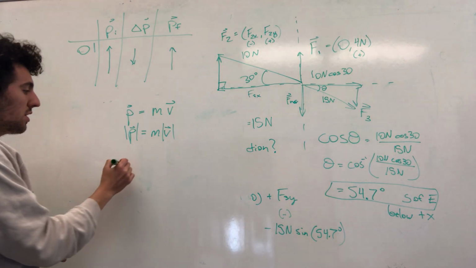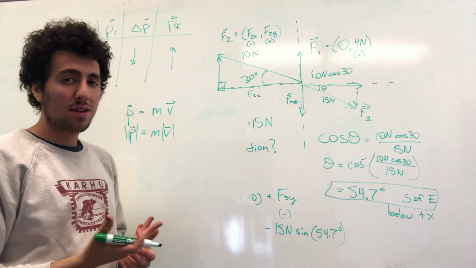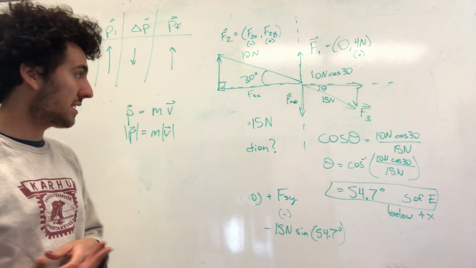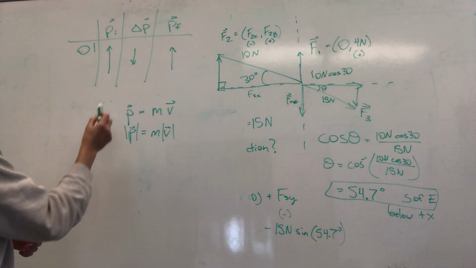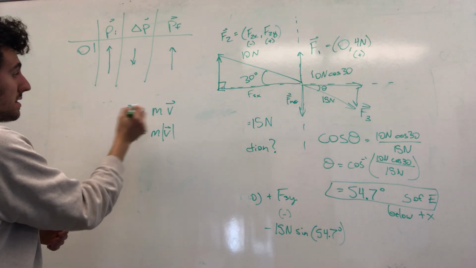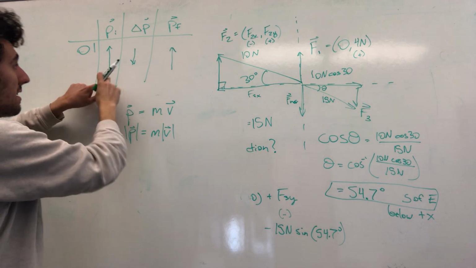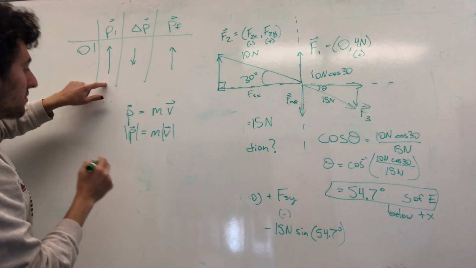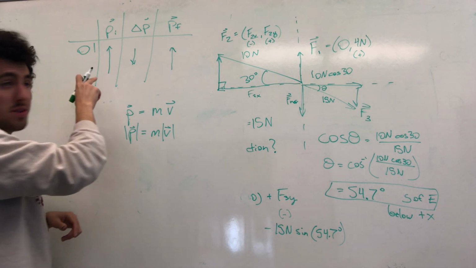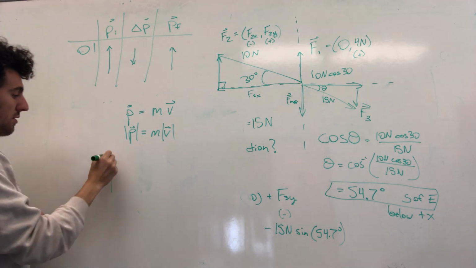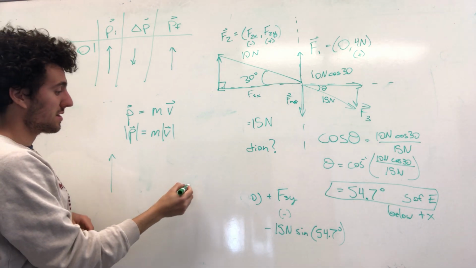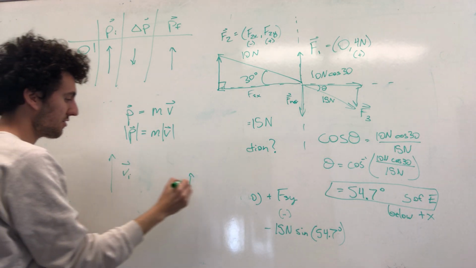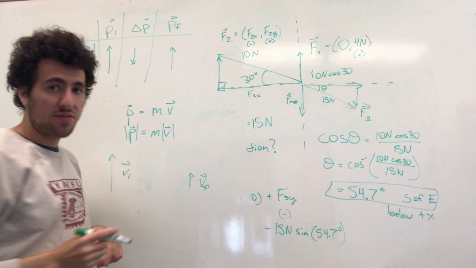So if we want to know what happened to its speed, what we're really asking is what happened to the magnitude of its velocity. And we know that momentum tells us about velocity, right? Velocity points in the same direction, it just rescales these arrows. So if my initial momentum was pointing up with a big arrow, and my final momentum was pointing up with a smaller arrow, the same must be true with my v initial and my v final.